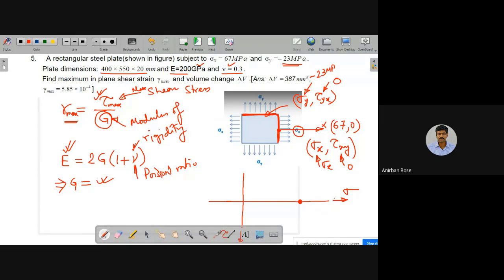Minus 23. That means this plane is actually under compression. This is the physical meaning of that. So minus 23 comma 0, and you put that point. This point corresponds to the x plane, and this point, minus 23, indicates the y plane, that is, the plane whose direction is y. So this value is 67 comma 0, and this is minus 23 comma 0.